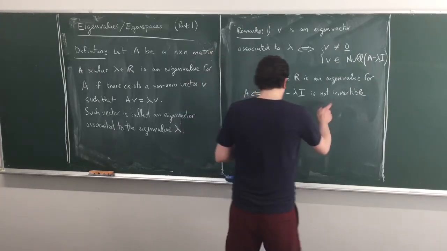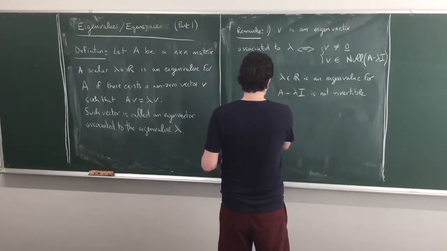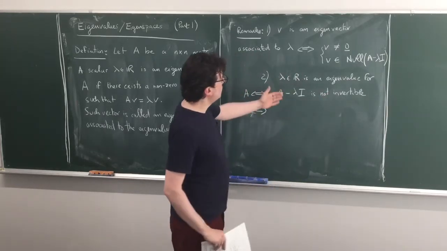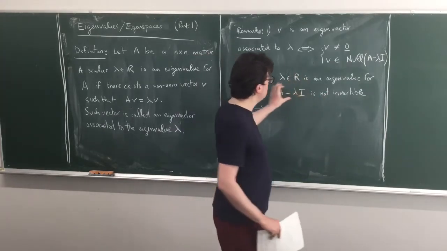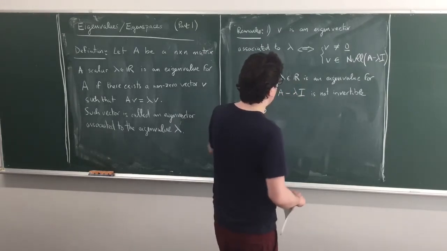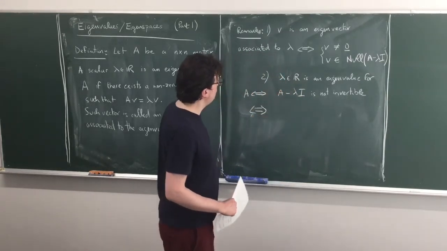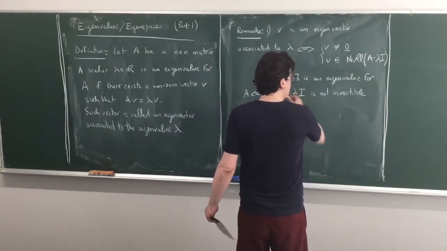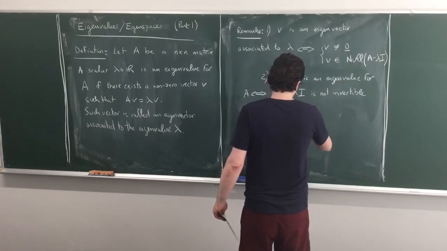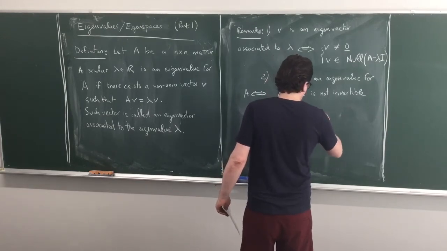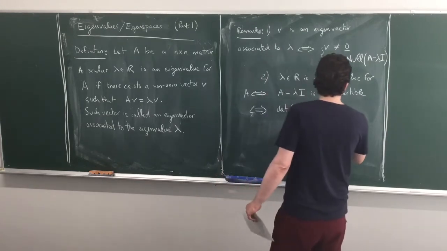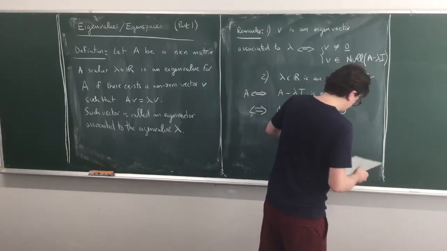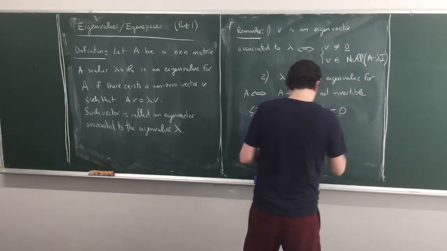In particular, 0 is not the only solution, so there is not a unique solution. There exists some vector which is non-zero and which will be in the null space. And of course, we know that the matrix not being invertible is equivalent to saying that the determinant of A minus lambda identity will be 0. Okay.